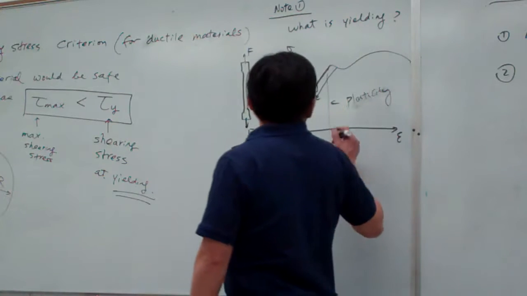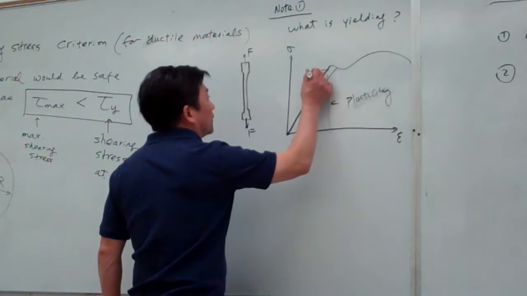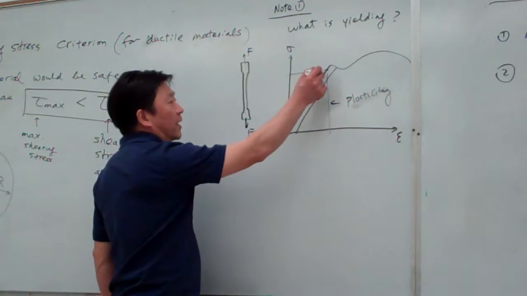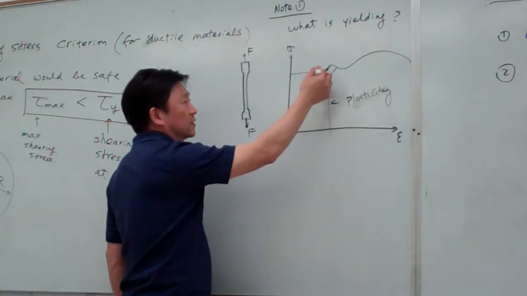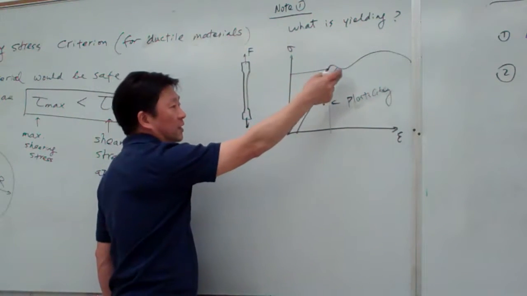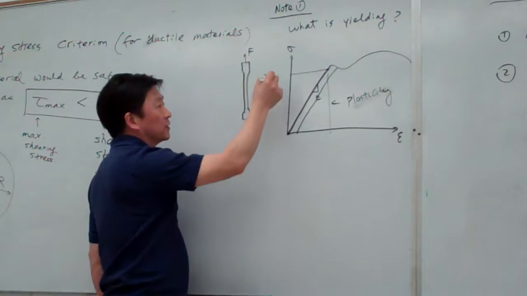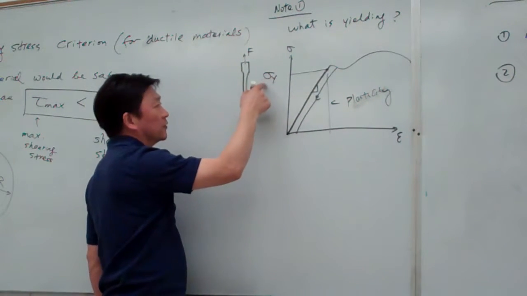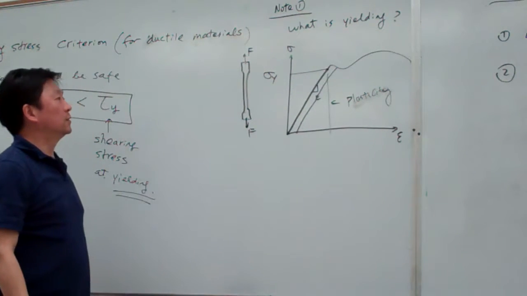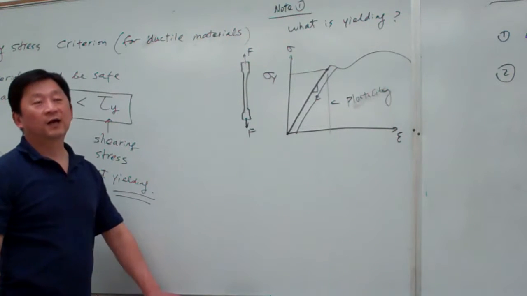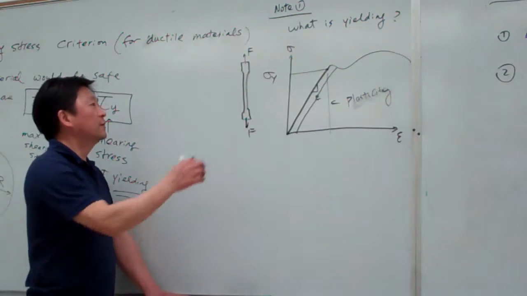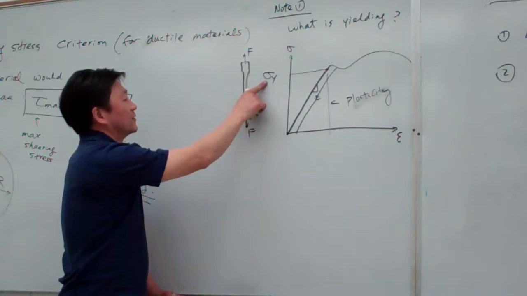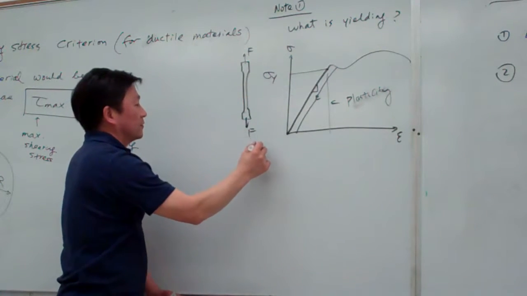But anyhow, the onset that distinguishes elasticity and plasticity is called the yielding. Usually we define this point as the yielding stress.